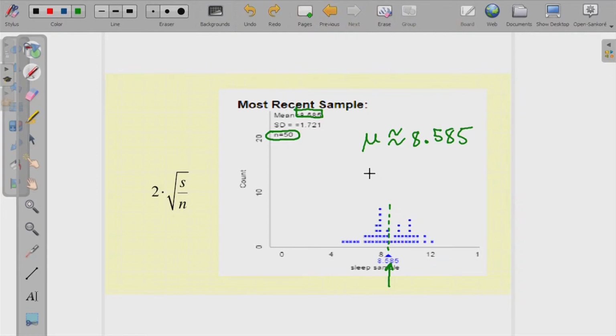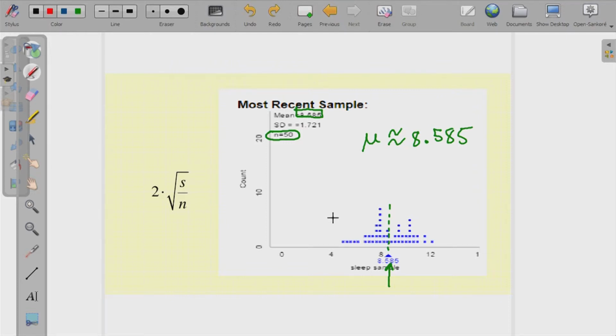Is it possible that the mean is actually 12 or 4? Oh, could be. Unlikely. But again, are we 100% certain of that? No. The mean is probably going to be what that is. But that's, again, why we talk about a margin of error, and we have to apply the same ideas of margin of error here as we did with proportions.